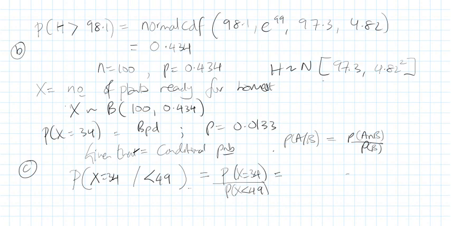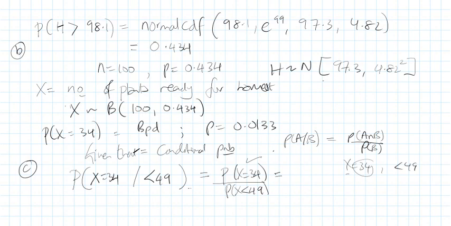When you work out the conditional probability, you need to find A intersection B. A is X equal to 34, and B is X less than 49. Since 34 is less than 49, A intersection B is just the probability X equal to 34. And then P of B is P of X less than 49, which goes in the denominator.